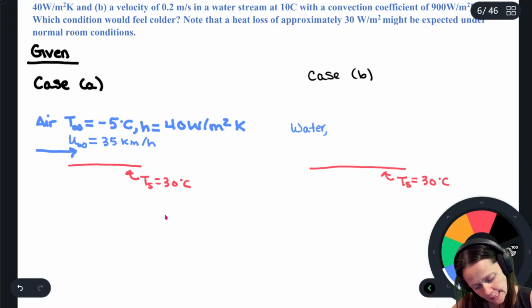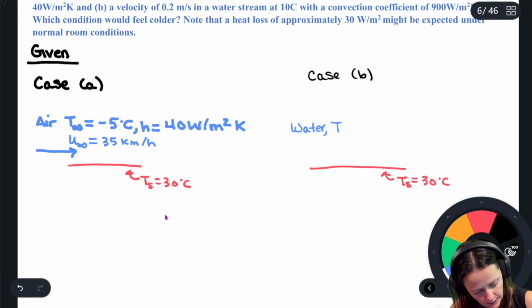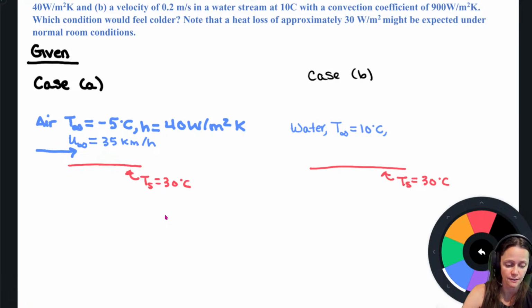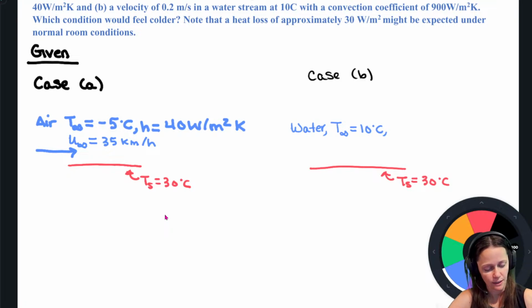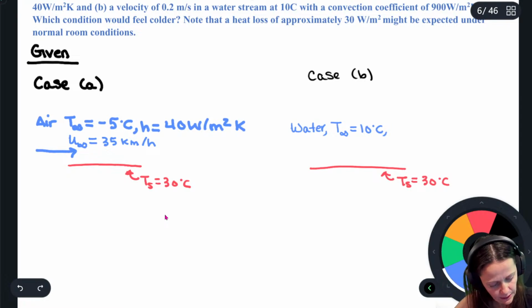And that water is at 10 degrees, so a little bit warmer. So free stream temperature, 10 degrees. We have a convective heat transfer coefficient of 900 watts per meter squared Kelvin, which is much bigger than that 40 there. So we'll talk about that in a hot second.